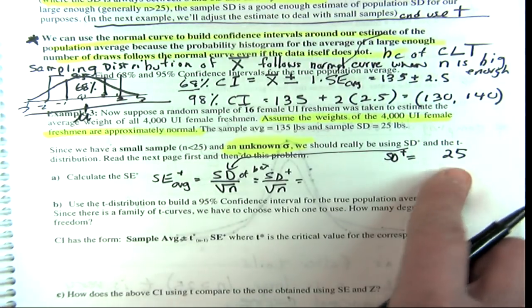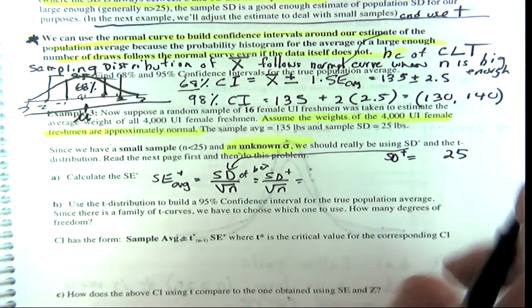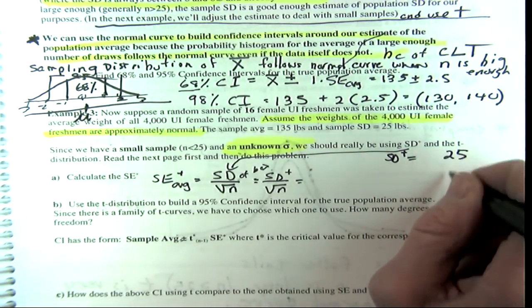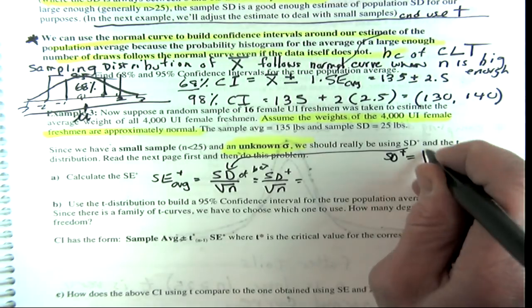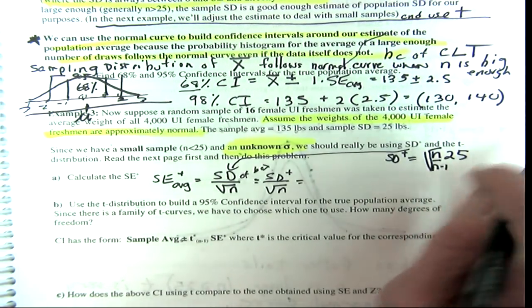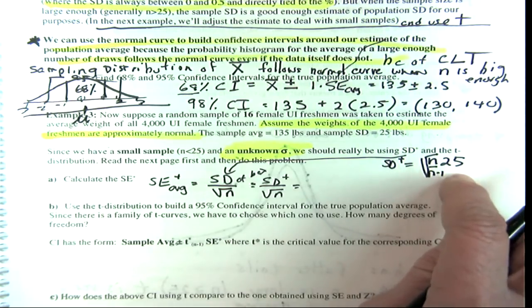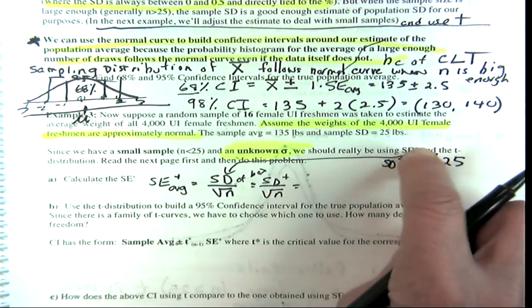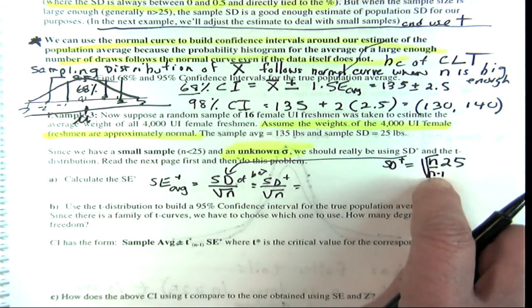But since we already have this regular standard deviation, and it's already been square rooted, we're just going to multiply it by the square root of n over n minus 1. Originally we have a square root of n, that's going to cancel it out and replace it with that n minus 1.